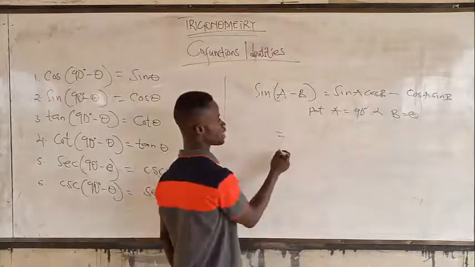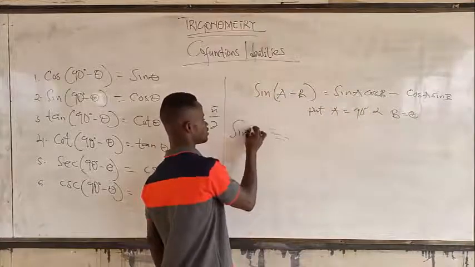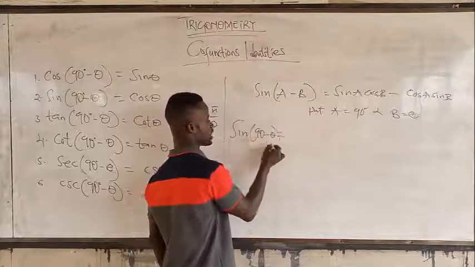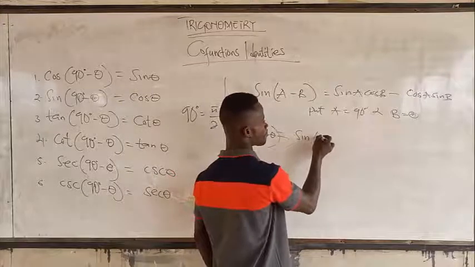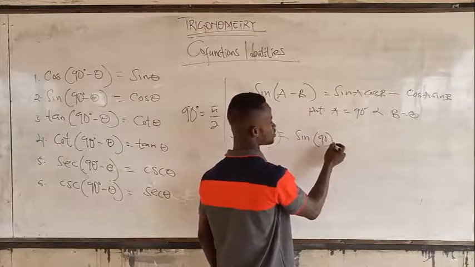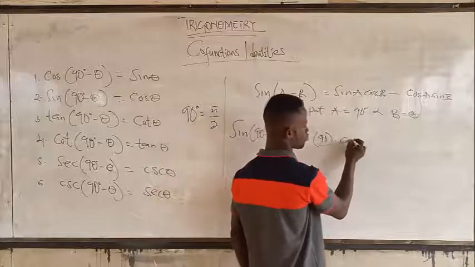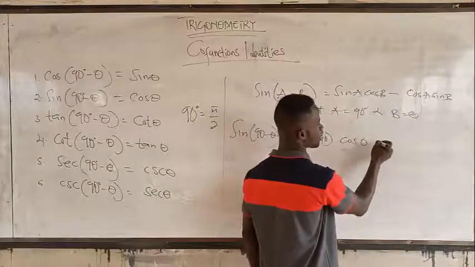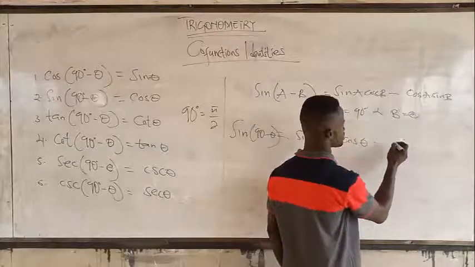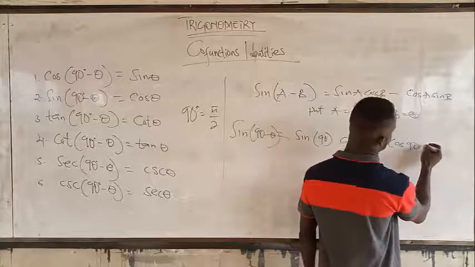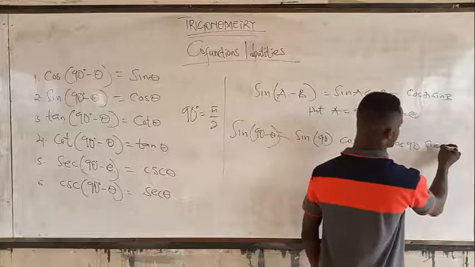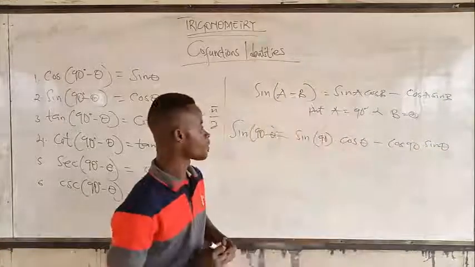So we get sin(90 minus theta) equal to sin 90 cos theta minus cos 90 sin theta.